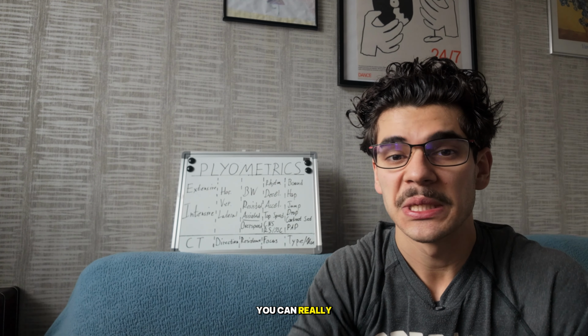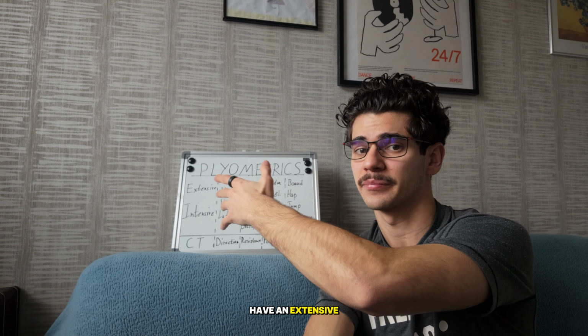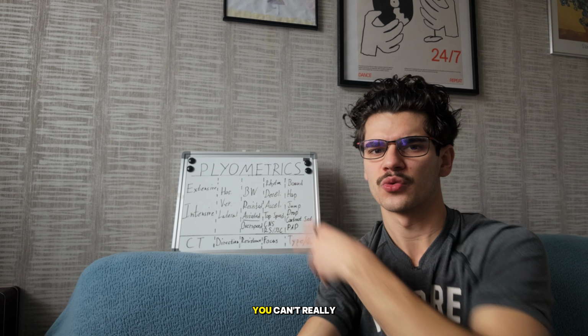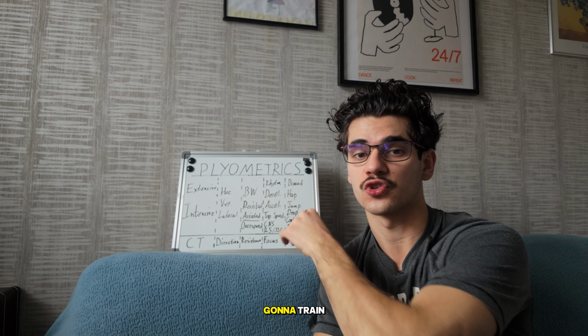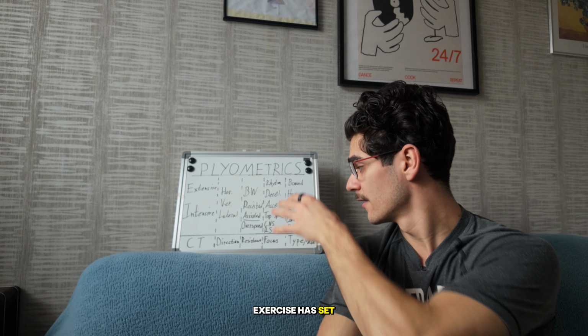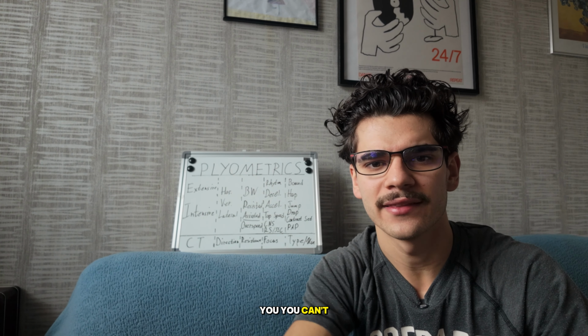As I said, you can do an intensive exercise which targets some of those qualities, and you can have an extensive plyometric exercise which targets other qualities. You can't really pick what type of quality you're going to train with a specific exercise, because the specific exercise has set focuses or set targets or goals, right?